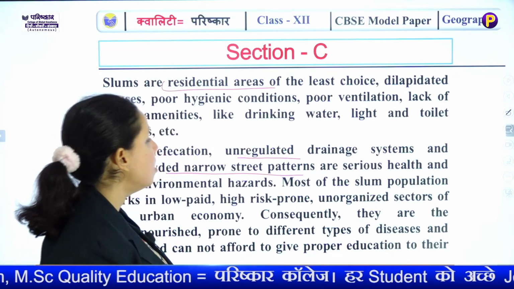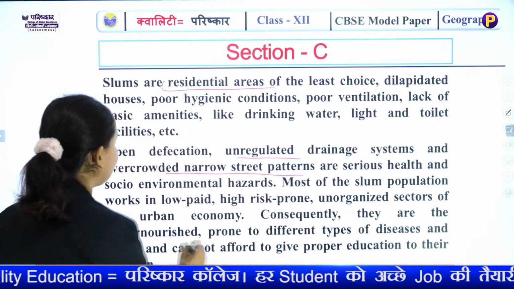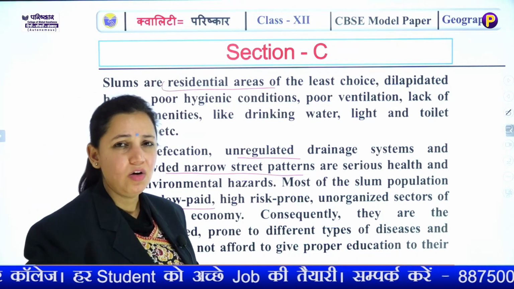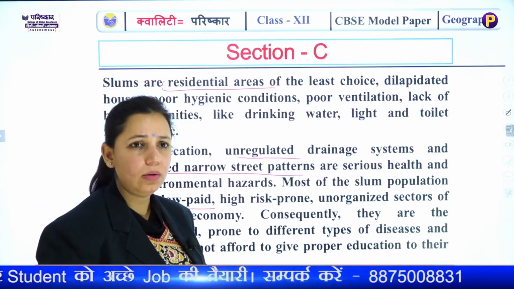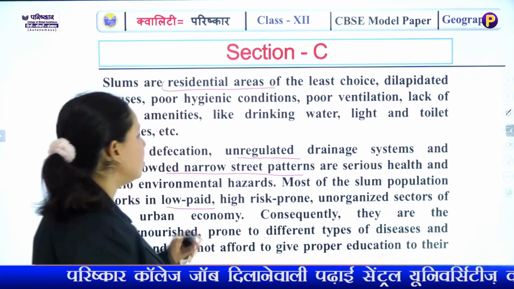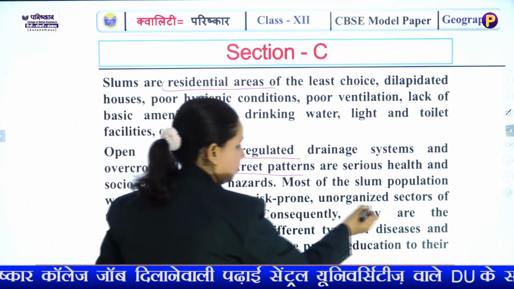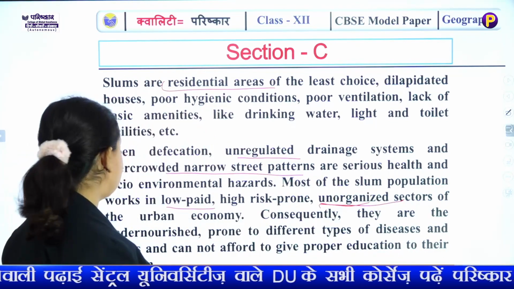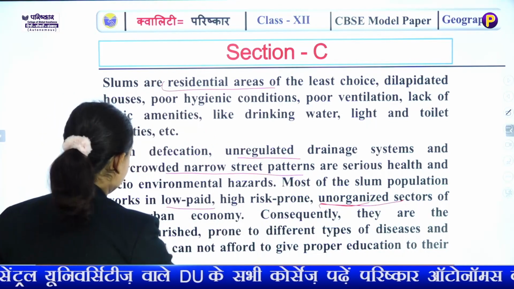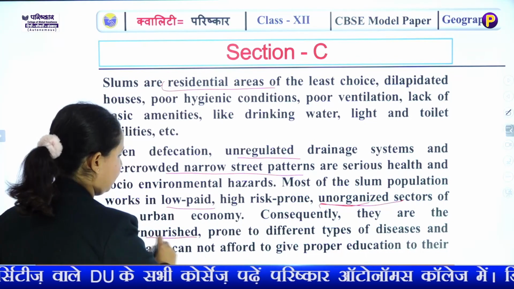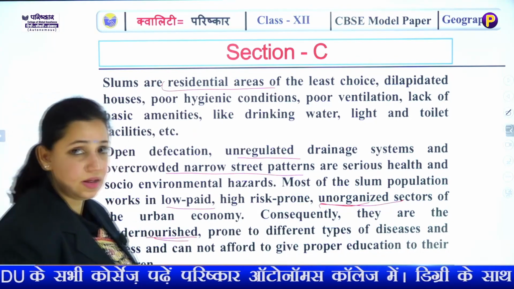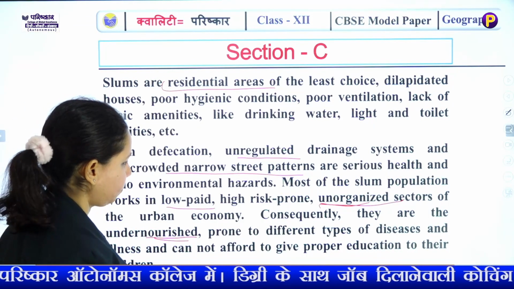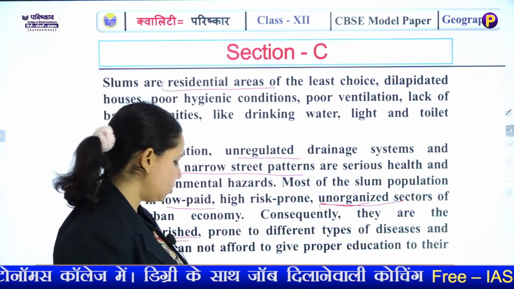Most of the slum population work in low-paid jobs because they are mainly laborers and work in a very low economy sector, the risk-prone unorganized sector. Consequently, they are undernourished, prone to different types of diseases and illness, and cannot afford to give proper education to their children.